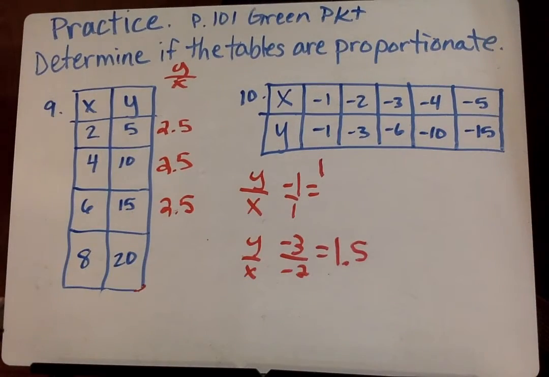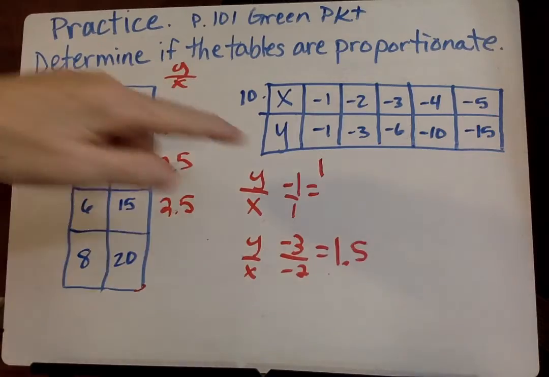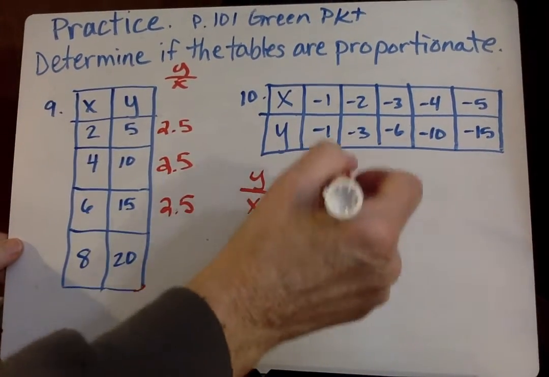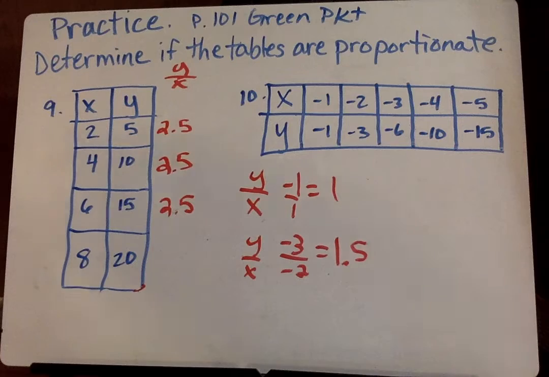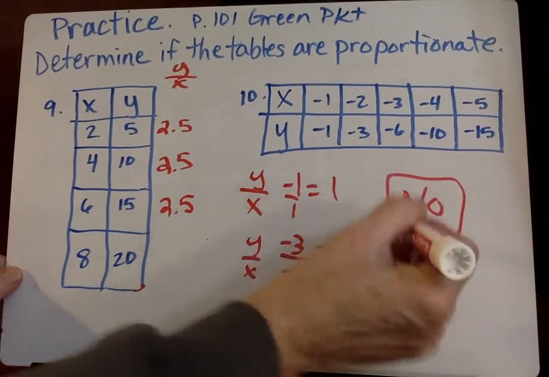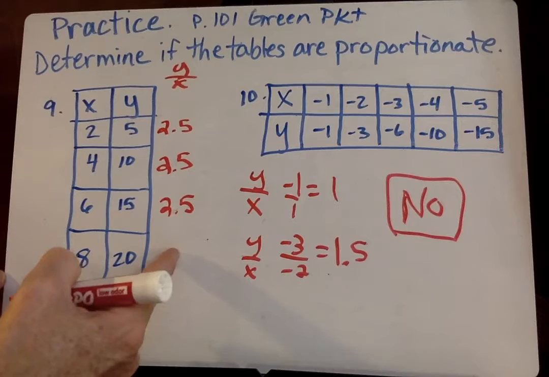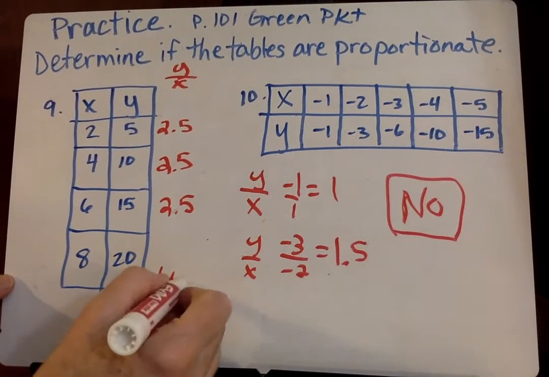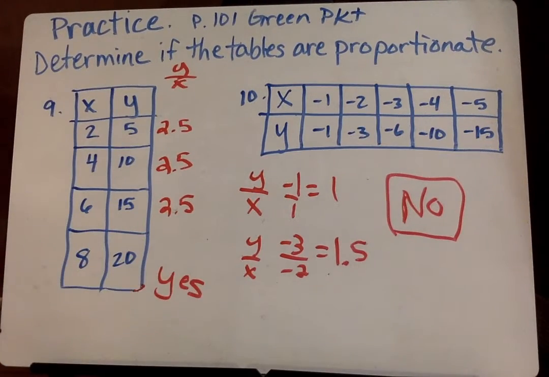Okay, now as soon as I see that's different, this was 1, and this one was 1.5, I can say that it is not proportionate. So then I write no. And if this one ends up being 2.5, then you write yes on this one, that it's proportionate.